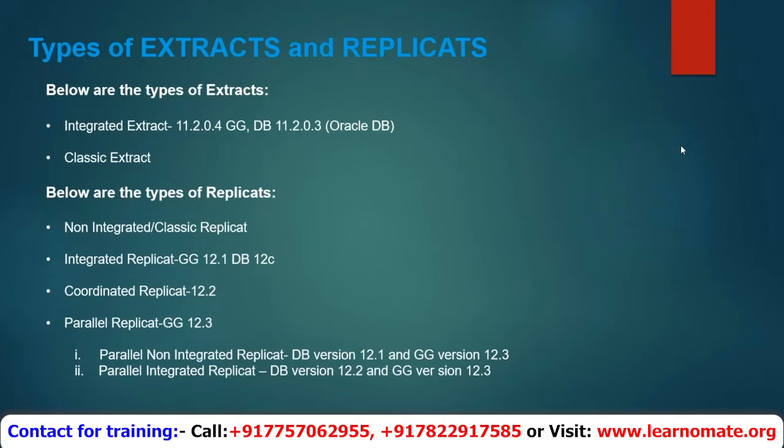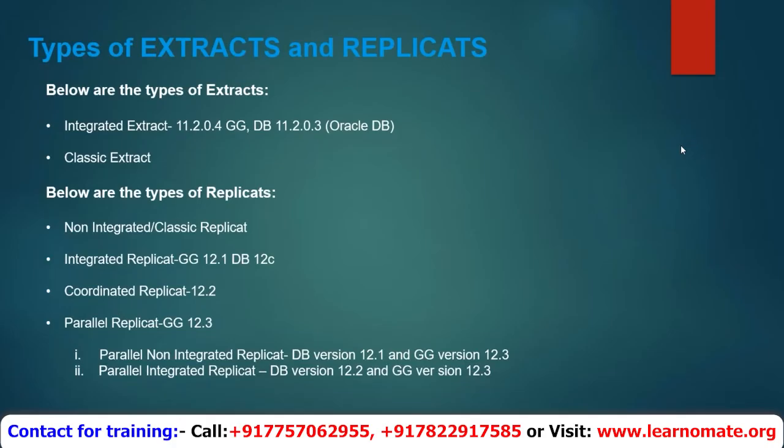If you go out into the market, most implementations nowadays use integrated extract and integrated replicate. Integrated extract, as Rahul mentioned and we have already discussed many times, is the one which receives the changes from LogMiner in the form of LCR.